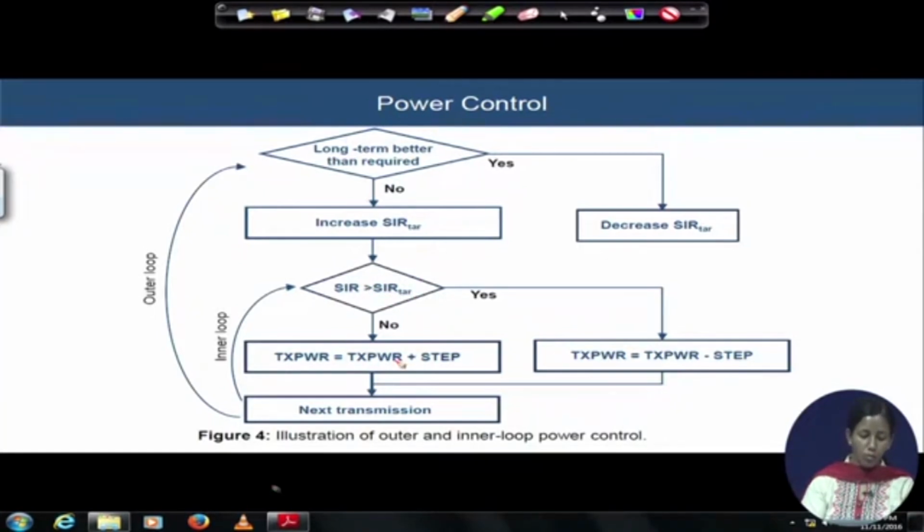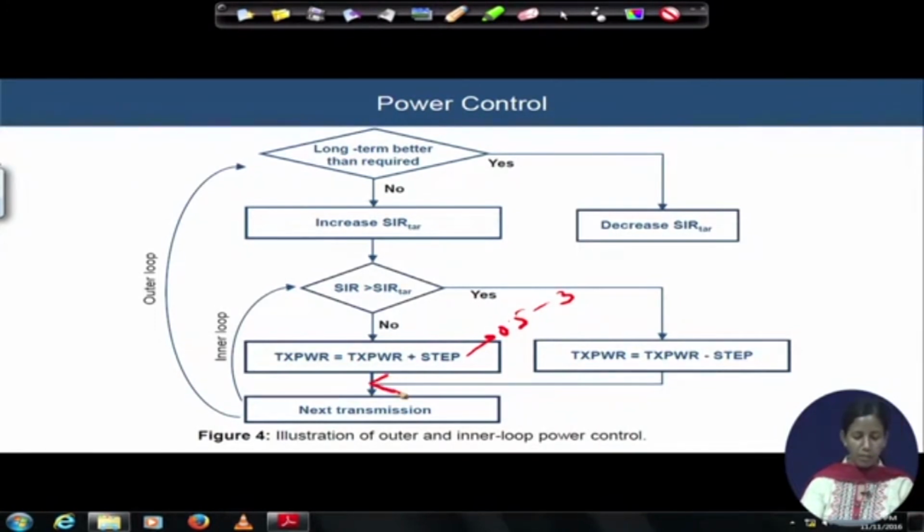If it is not crossing, then you keep on increasing the transmit power slowly, step by step. The step size varies from 0.5 to 3 dB, and you do the next transmission. And if it is yes, then you decrease it in the same way, by steps.